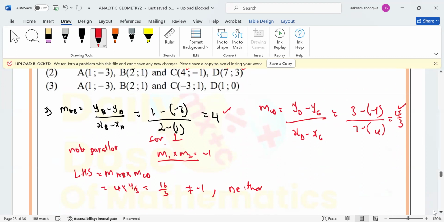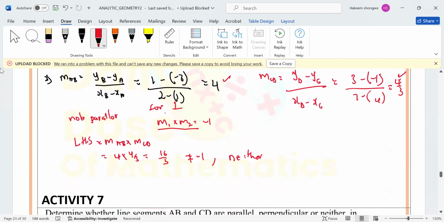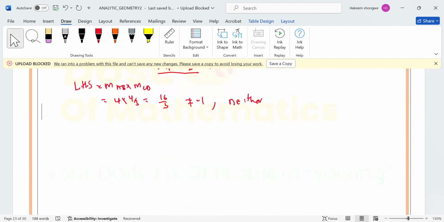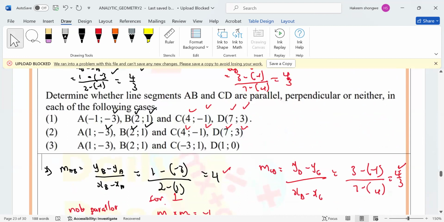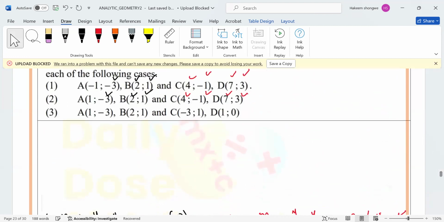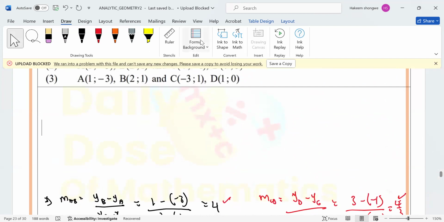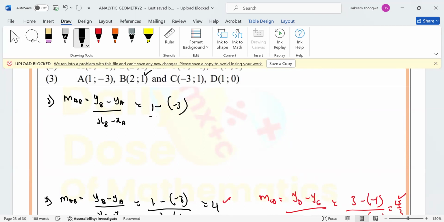Okay, let's try number 3. Let's check what is it that we have for number 3. What are the coordinates that we have? So we're going to say number 3. We have M of AB again. Y at B minus Y at A, over X at B minus X at A. We have 1 minus open bracket minus 3, over 2 minus 1.